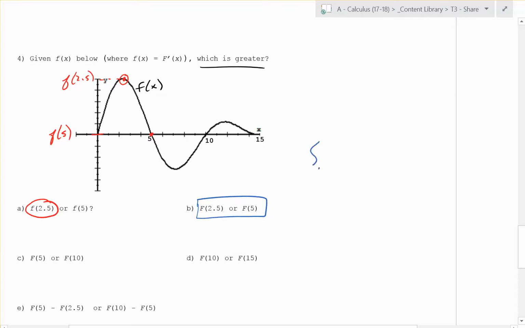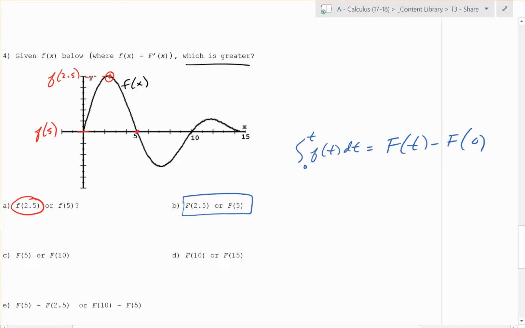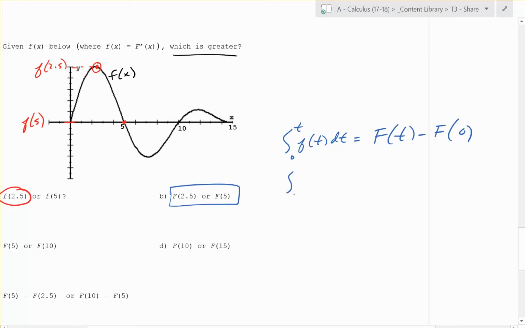Well, the fundamental theorem of calculus tells us the integral from 0 to t of lowercase f of t dt is equal to capital F of t minus capital F of 0. So let's say we plugged in 2.5 for t. So the integral from 0 to 2.5 of f of t dt, oh, I gotta write dt, equals capital F of 2.5 minus capital F of 0.